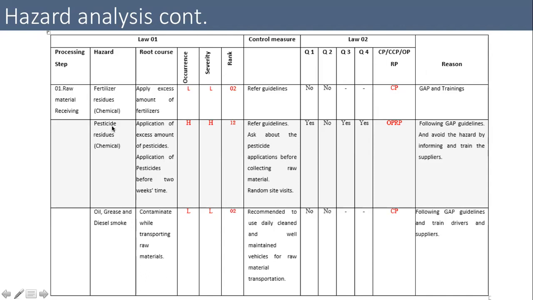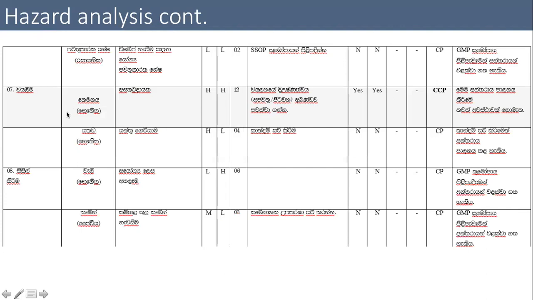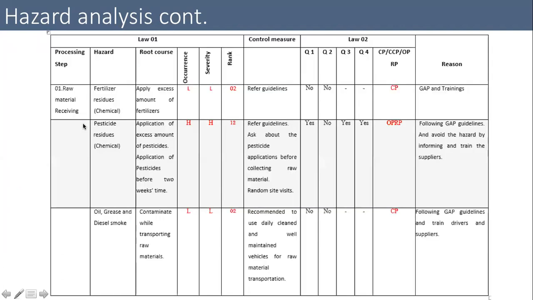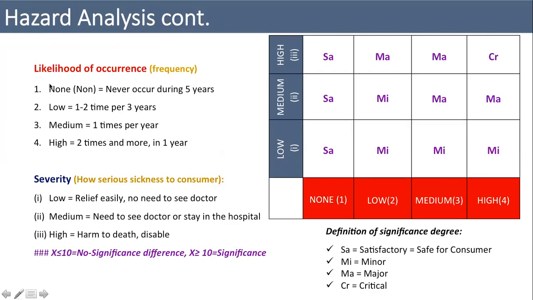And the second one, pesticide residues, the second hazard. Then the root cause, you can see here, application of excess amount of pesticide before 2 weeks ago. So occurrence is high, right? Occurrence is high.